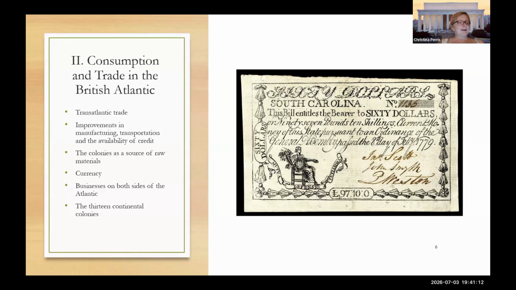So Britons relied on the colonies as a source of raw materials such as lumber and tobacco, and Americans engaged with new forms of trade and financing that increased their ability to buy these British-made goods. But the ways in which colonists paid for these goods varied sharply from those in Britain. It's not the same as we see in Britain. They're not going to have coinage.